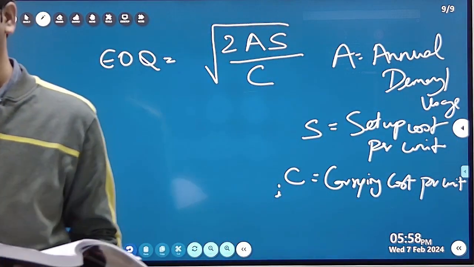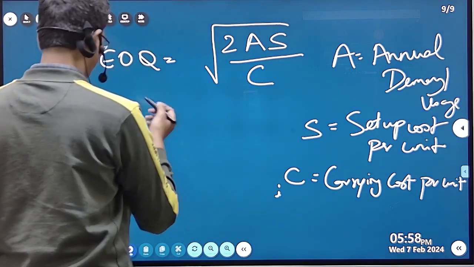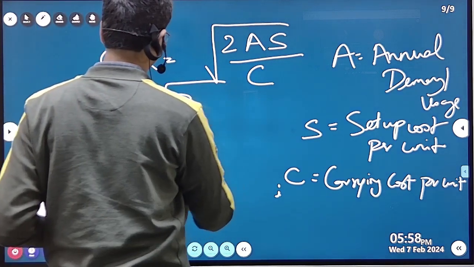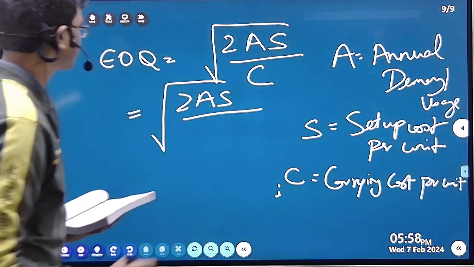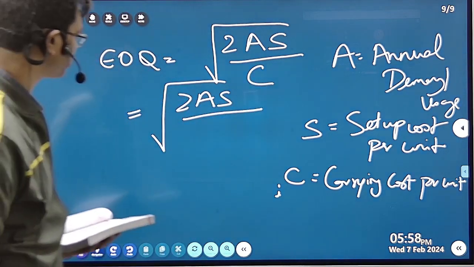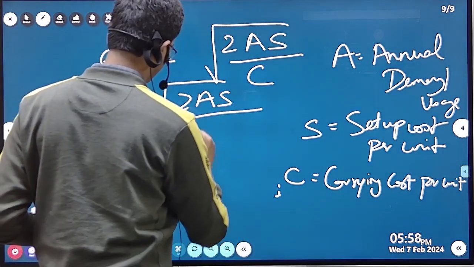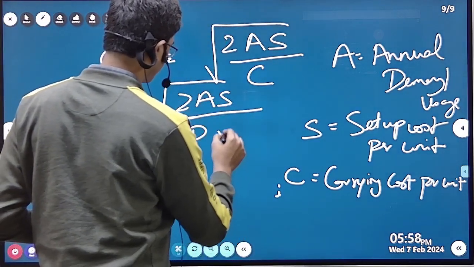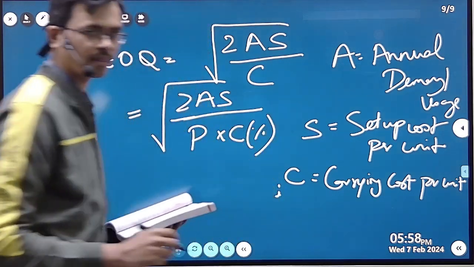Generally this carrying cost will be given as a percentage of your production cost. So that will be your production cost per unit into the carrying cost in percentage.